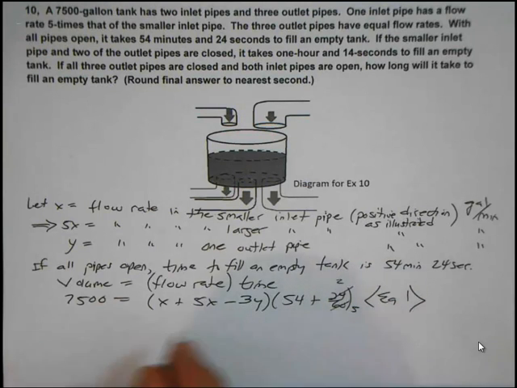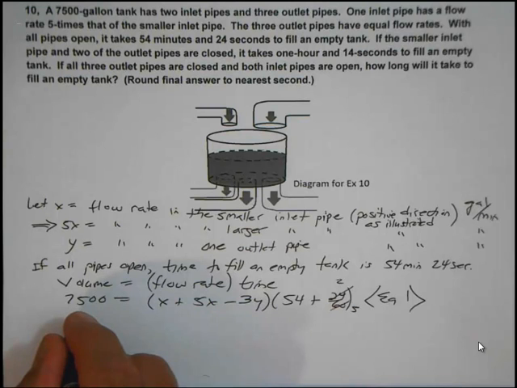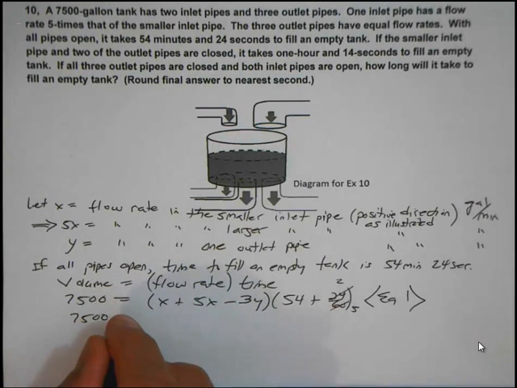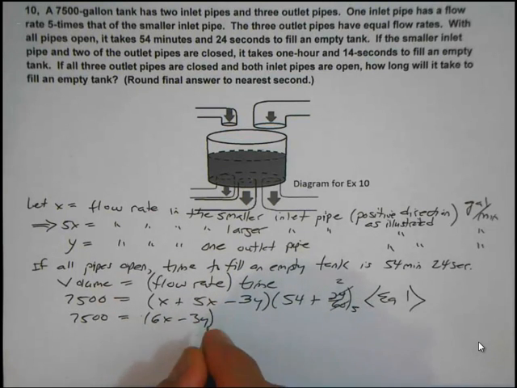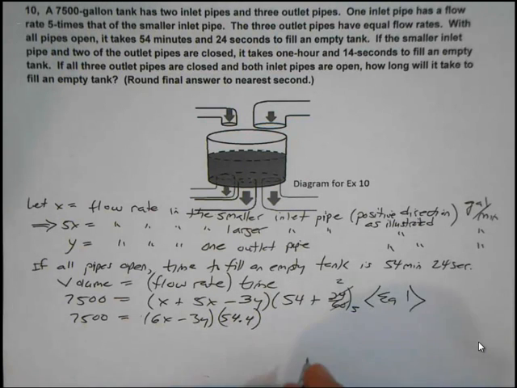Alright, so we could say 7,500 equals 6x minus 3y times, and this ends up being just a single number, 54.4. Alright, we can call this equation 1a.